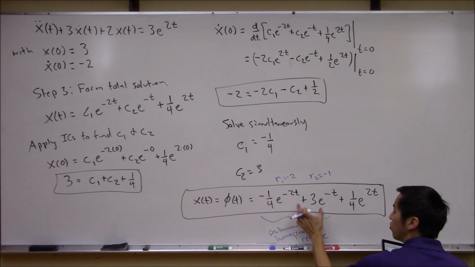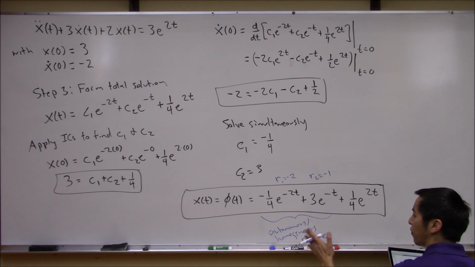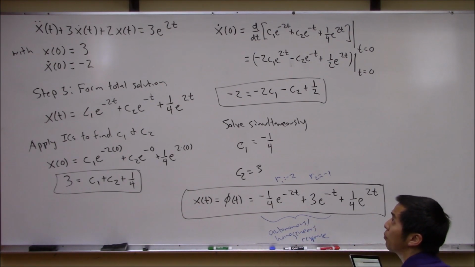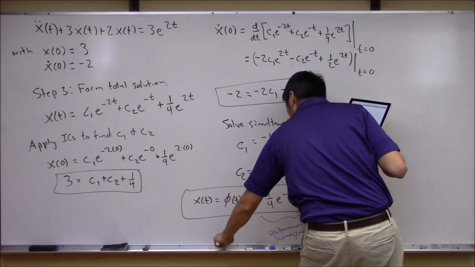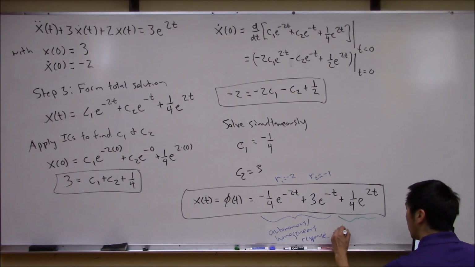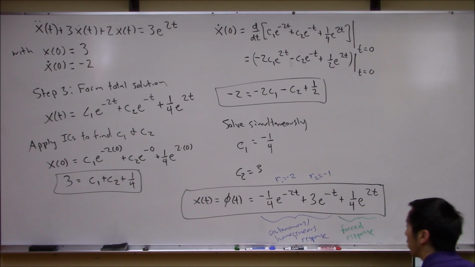That's where you get these two terms. So these two exponentials come from the system itself. It has nothing to do with the input g of t, nothing to do with the input force. But now we have the second term right here. This is the particular, the forced response, so to speak.